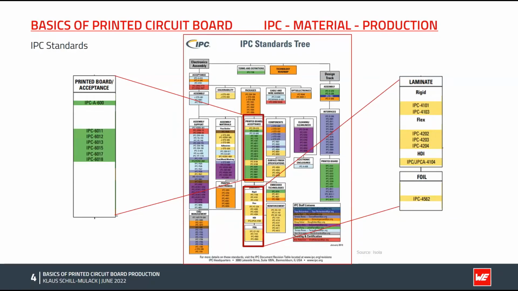The IPC describes the manufacturing process of printed circuit boards in a multitude of guidelines, from design to material specification, acceptance criteria, and assembly. The issues of laminates, copper, and acceptance criteria are also discussed. We will look at the printed board acceptance and the laminate standards afterwards.